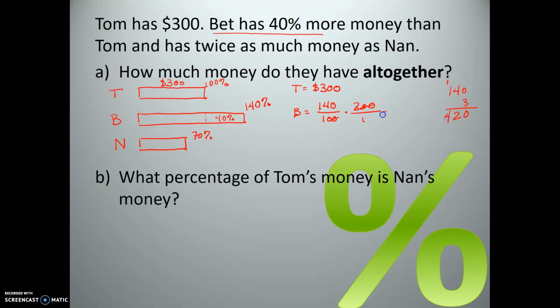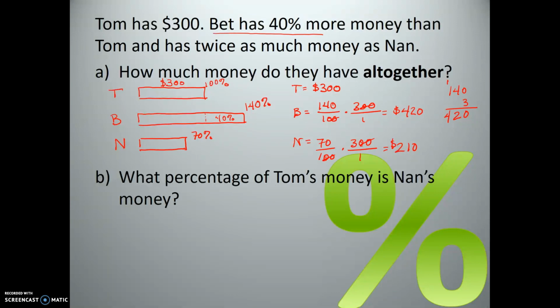So she has $420. And Nan has 70% of $300. So Nan has $210. And now we need to add them all together.